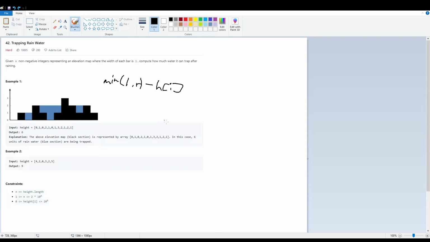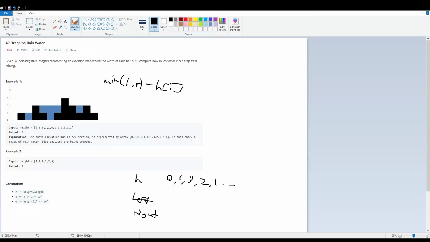There's a better way where we can use two storage arrays. So if we have our height array here, and this height array is 0, 1, 0, 1, 0, 2, 1, etc. We can have a left array and a right array.